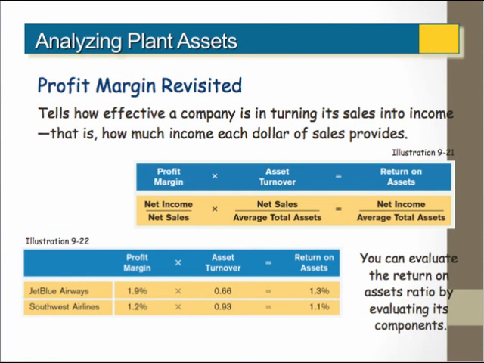So when we look at return on assets as a whole, we can see that JetBlue is doing slightly better than Southwest Airlines. So you can kind of see where all these ratios need to be working together to give you a better picture of how a company is doing.